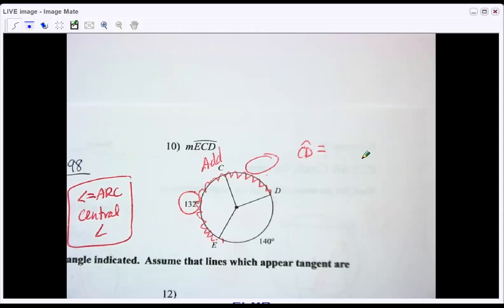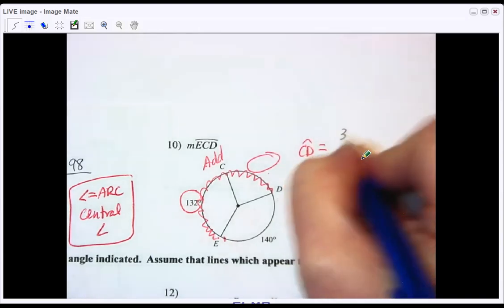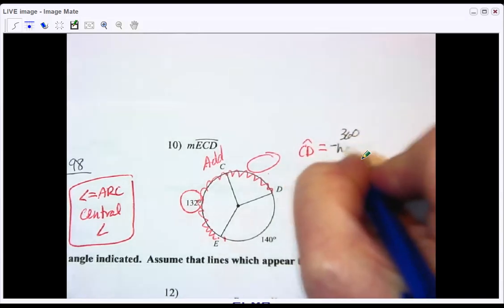Good. Okay, so many people have it correct. We're gonna take 360 and subtract what we have.